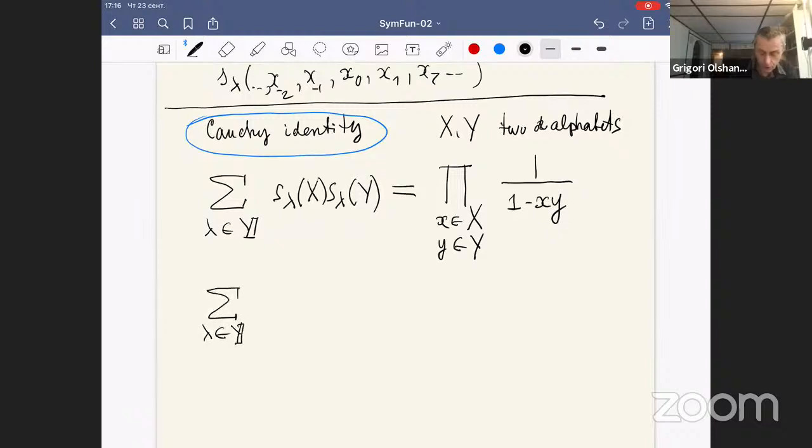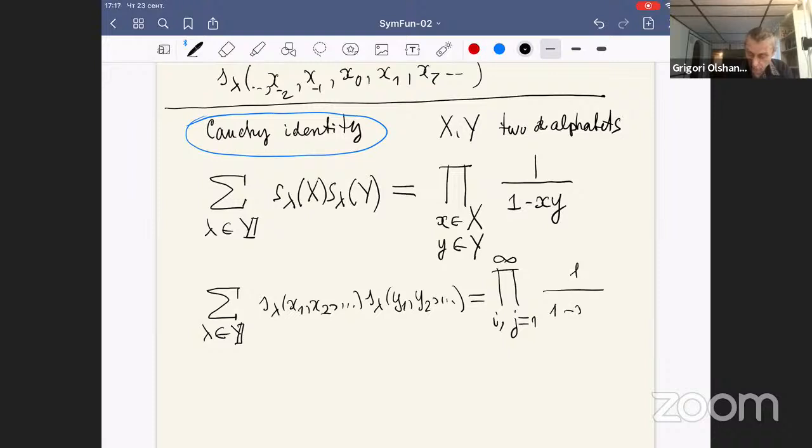It's actually the same. Then we have to take the product over i and j from 1 to infinity, a double product. This is just the same.